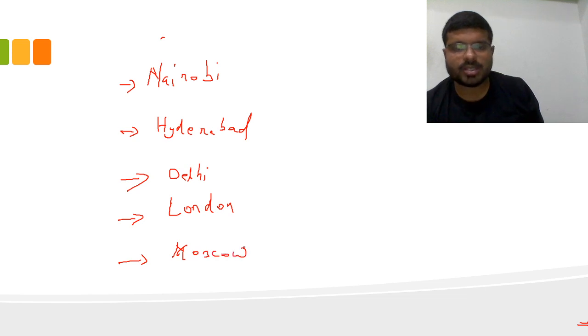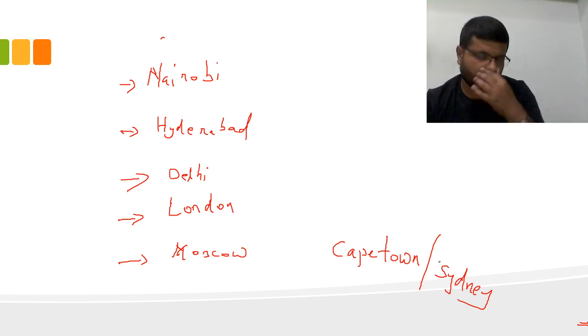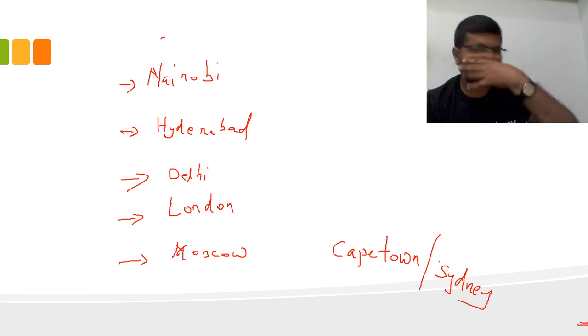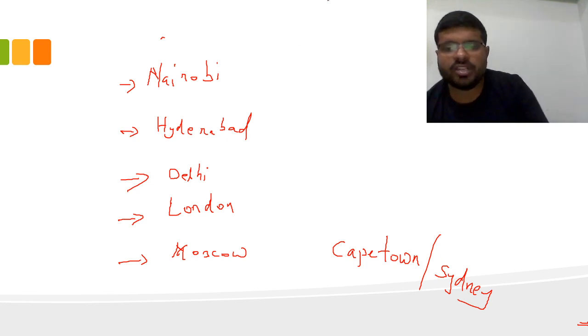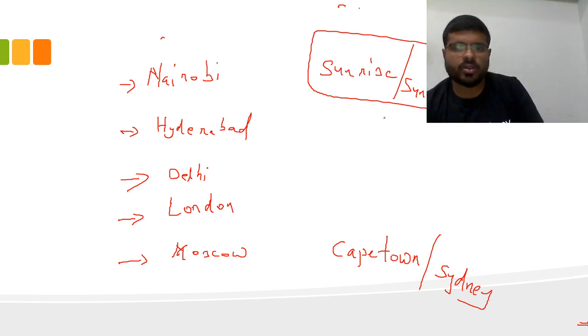Then similarly in the southern hemisphere, what you do, go to the internet, type these city names, one city at a time, and identify sunrise and sunset timings on all the most important equinoxes and solstices days.